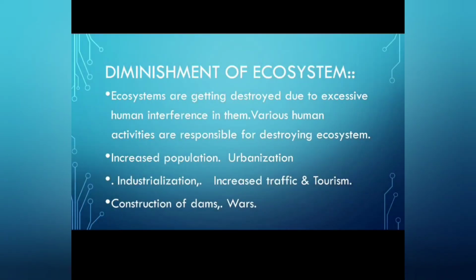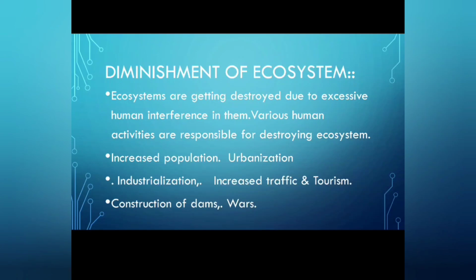Now let us see what factors are responsible for the diminishment of ecosystems. Actually, ecosystems are getting destroyed due to excessive human interference in them. Various human activities are responsible for destroying the natural ecosystem.